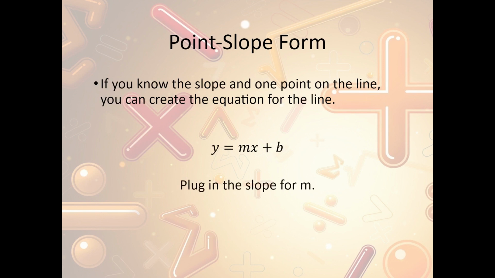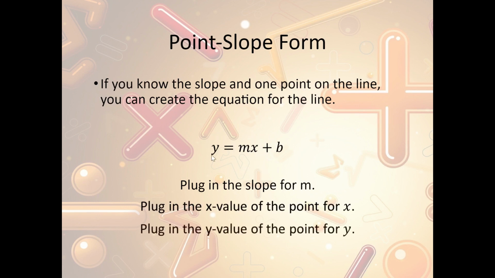We plug in the x value of the coordinate, and the y value of the ordered pair, and now we're left with only one variable, which is b, and we can solve for b and get the y-intercept.